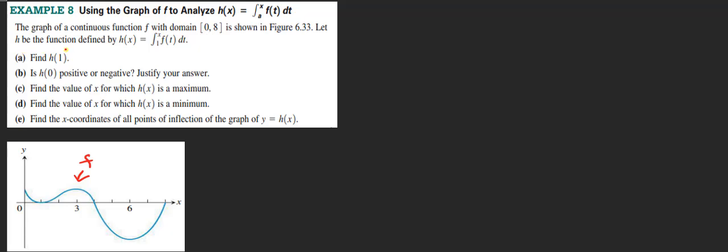Let h be the function defined by h of x equals the integral of f of t from 1 to x. So we have h of x equals the integral of f of t from 1 to x. Now part A says find h of 1.